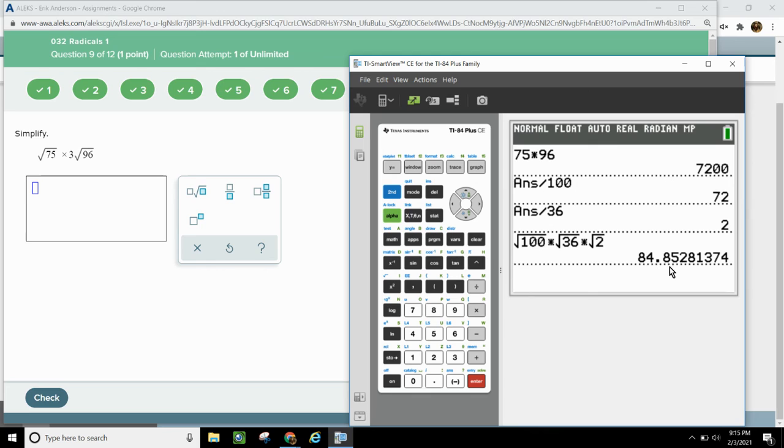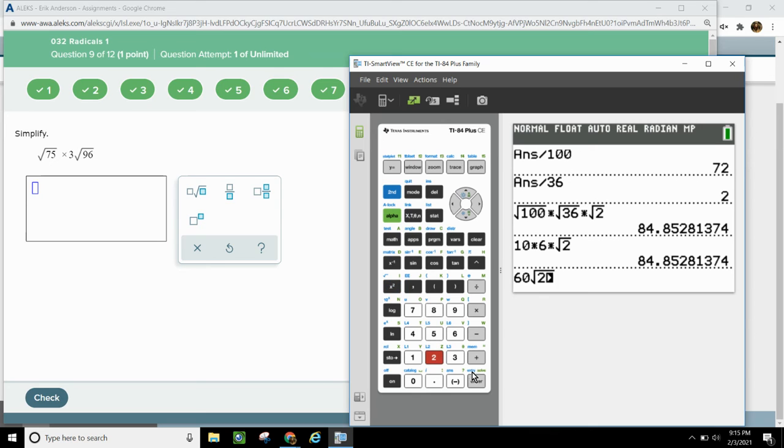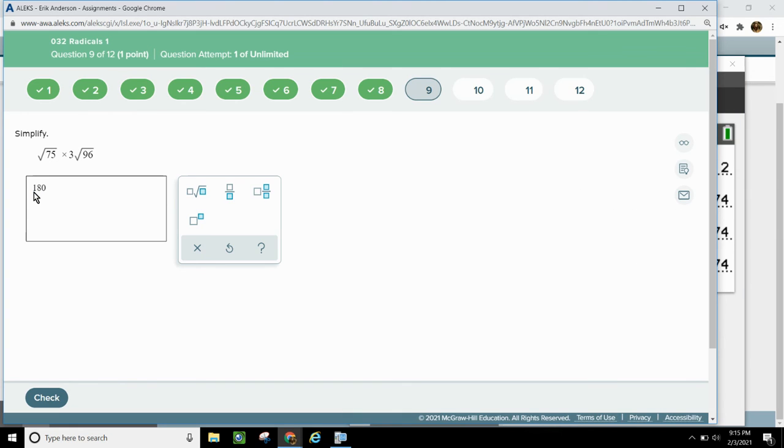That would be about 84.85. And that would be 10 times 6 times square root 2, which would be 60 root 2. We're almost done. We still have to do the times 3 part though. So that's going to be 60 times 3 is 180. So this is 180 times the square root of 2.